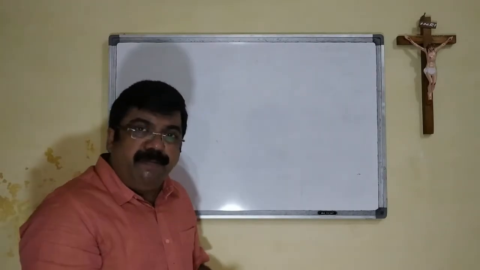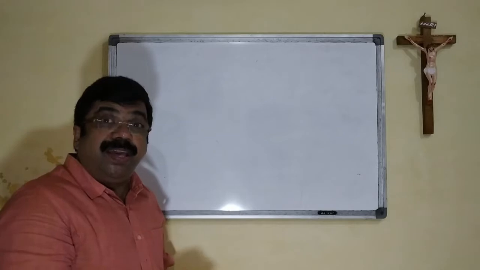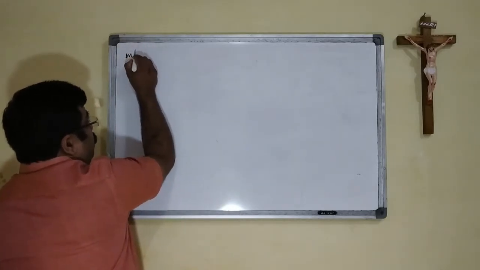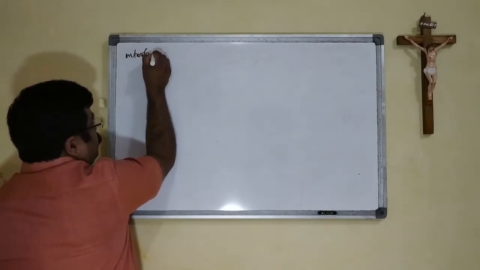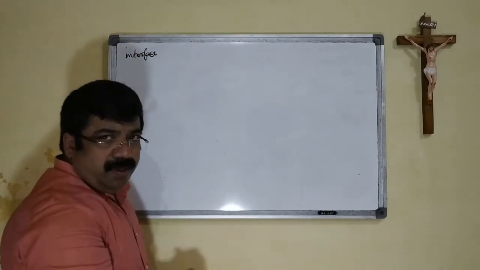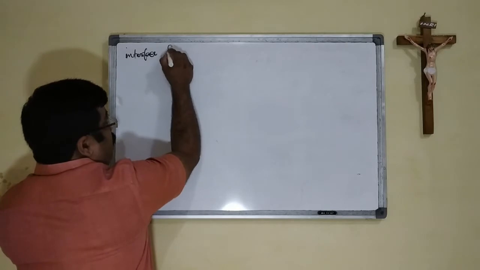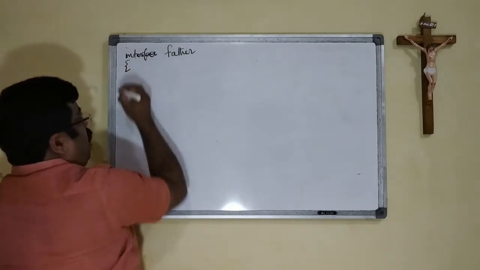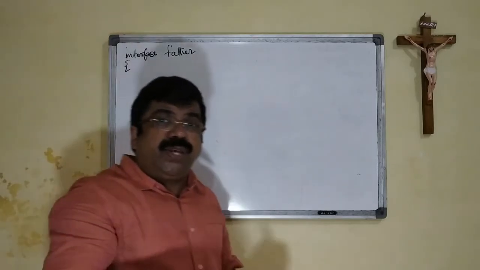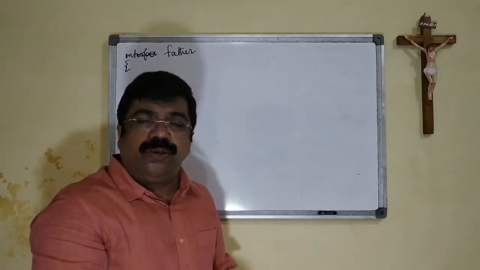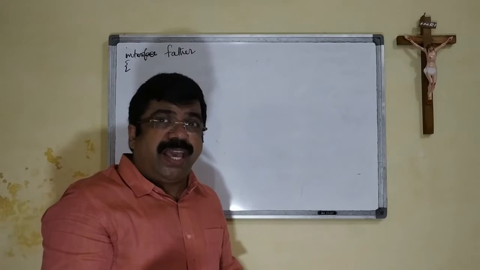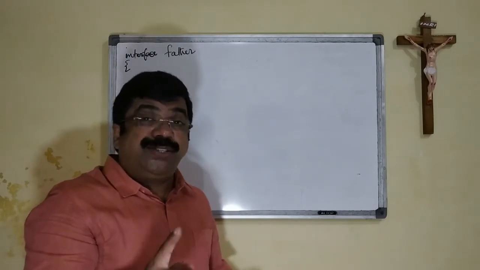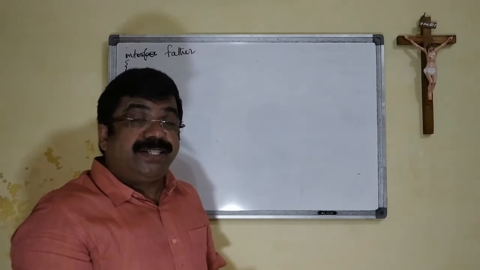An interface can be started by giving the keyword interface, then the interface name. Suppose we are giving father. And what all things are there in the interfaces? The interfaces can have only abstract methods as well as the constants.